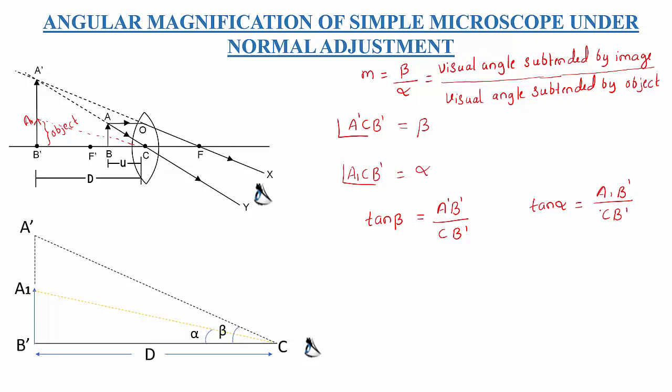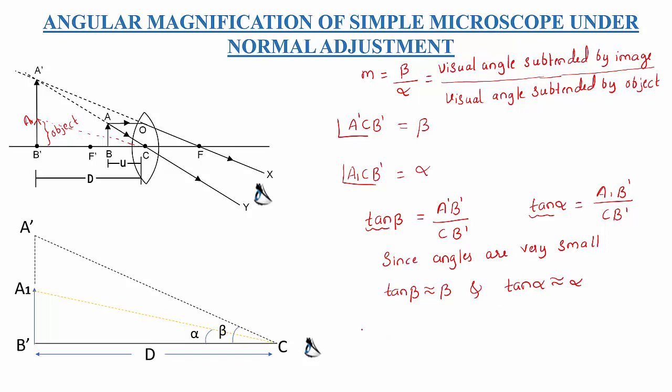Now we got tan alpha and tan beta values. Since the angles are very small, we neglect the trigonometric function tan. So tan beta will become beta and tan alpha will become alpha, because the trigonometric function tan is neglected since the angles are very small.